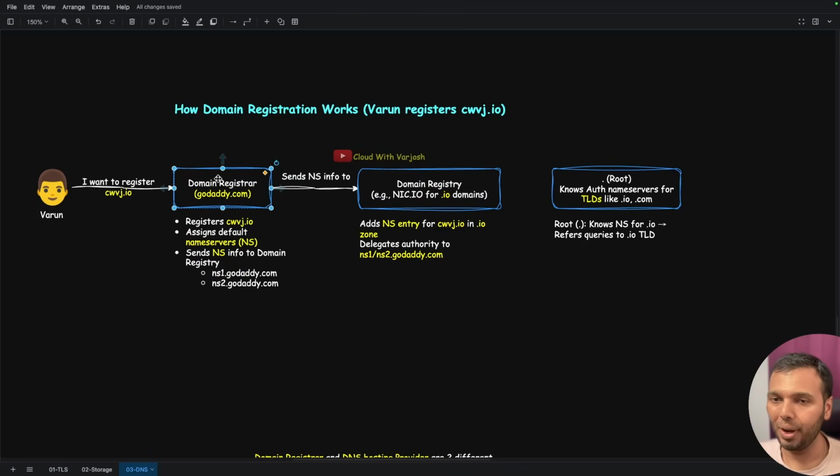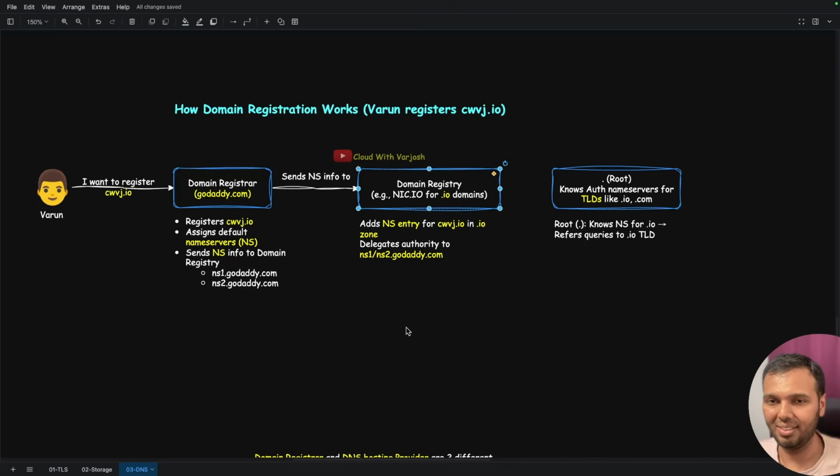It is your domain registrar. Once the domain registrar assigns domain name servers to you, they will share this name server information with the domain registry. The domain registry adds an NS entry for cloudwithvarjosh in the .io zone file and delegates authority to these name servers.